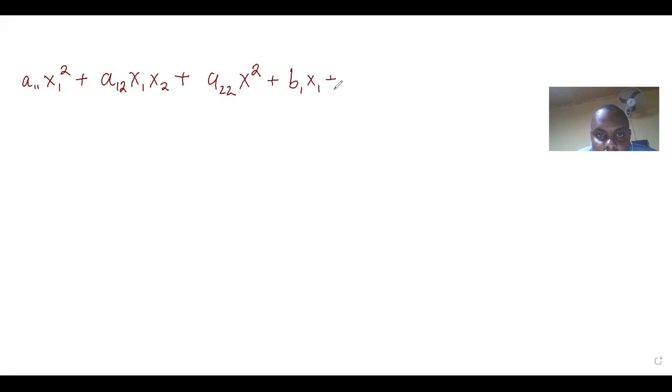So A11 x1 squared plus A12 x1 x2 plus A22 x2 squared plus B1 x1 plus B2 x2 plus C equals 0.